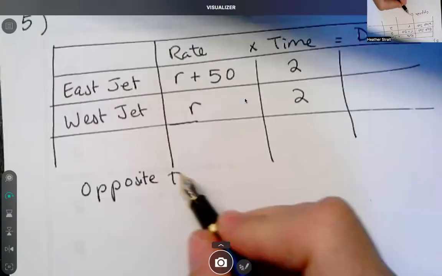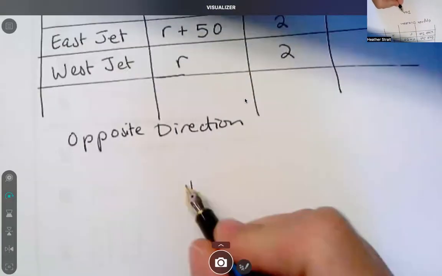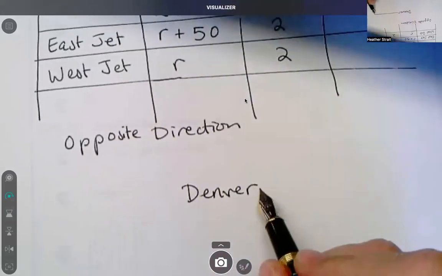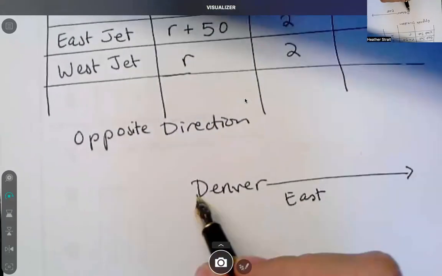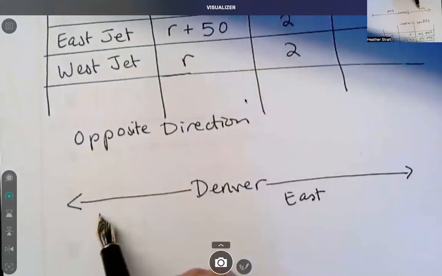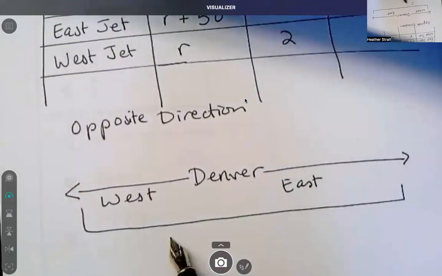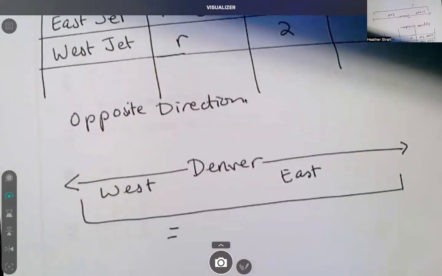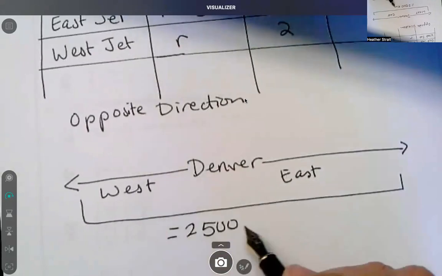And let's do a little sketch. Okay, so here's Denver. And one plane flies east and one plane flies west. And together, the distance apart equals, at 11 a.m., 2,500 km.